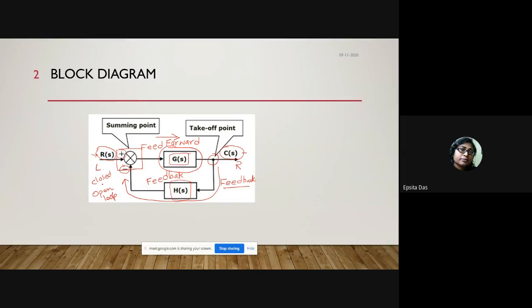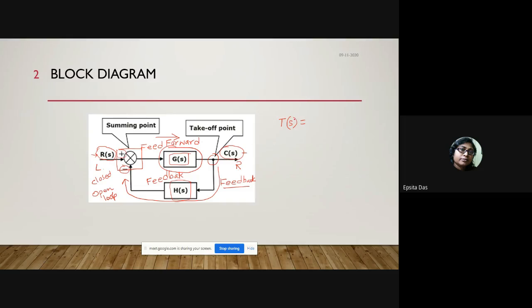The closed loop transfer function has a formula, which I mentioned in the previous class.